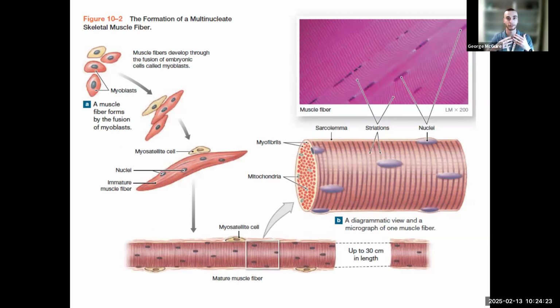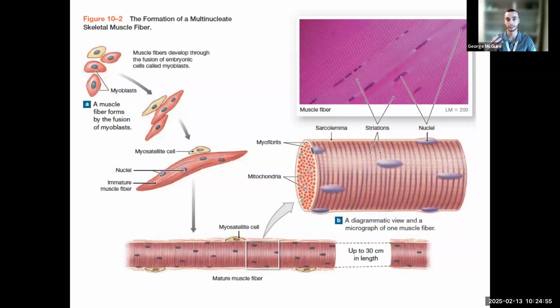And so that is why we end up with a cell that has multiple nuclei, because it started out as individual cells with their own individual nuclei, but rather than staying separate, they are fusing their membranes and their cytoplasm and all of their internal components together. And so forming this much larger fused cell with multiple nuclei, lots of mitochondria, lots of cytoplasm, sarcoplasm, and a large membrane.